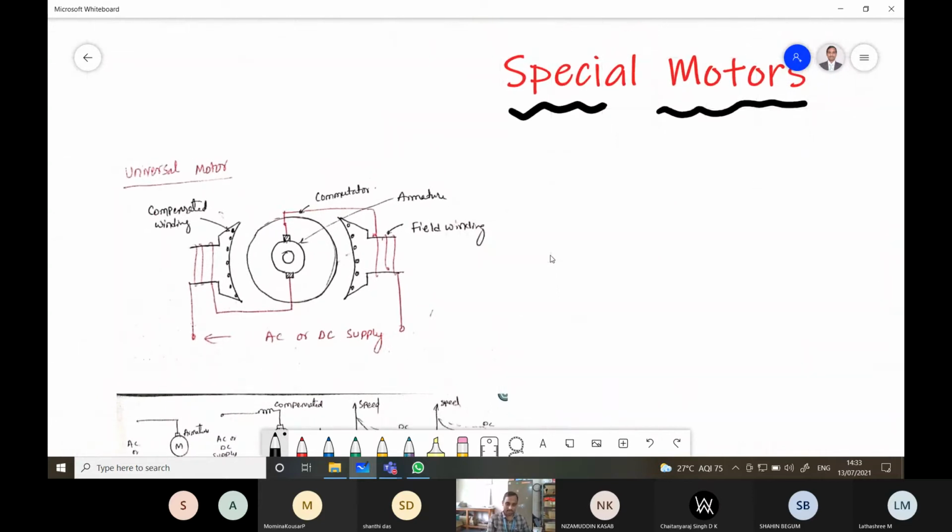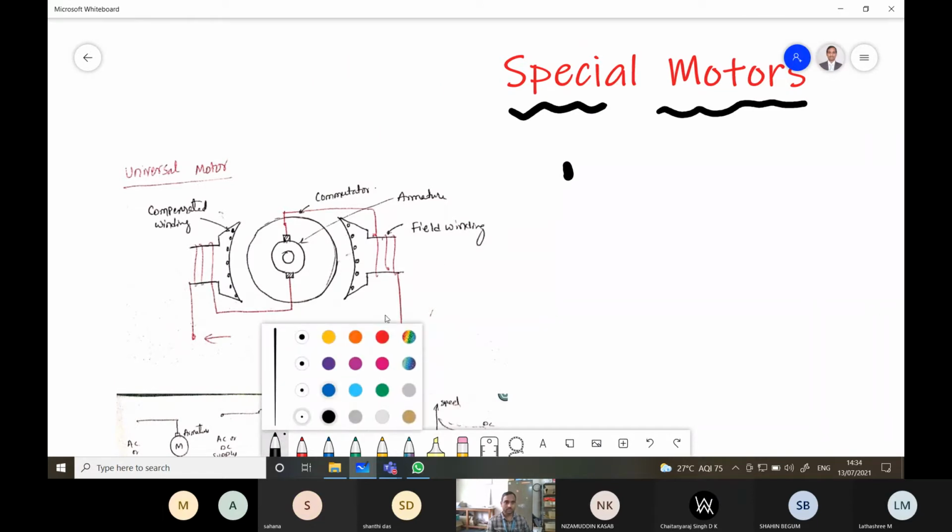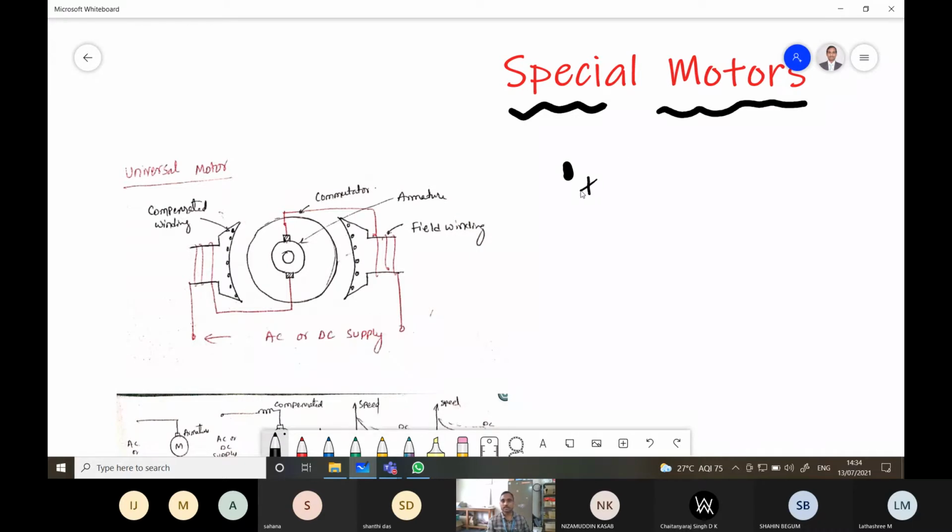The universal motors are the motors that can be used for both AC and DC supply, right? So the construction, working principle and applications of universal motor we are going to discuss.